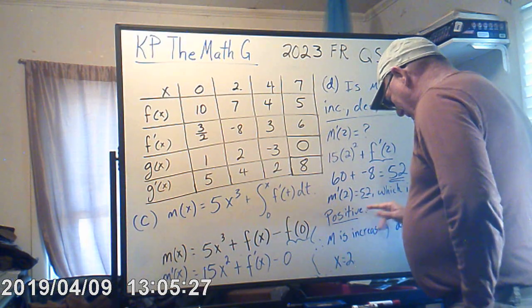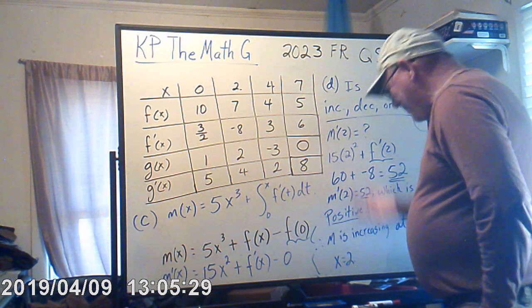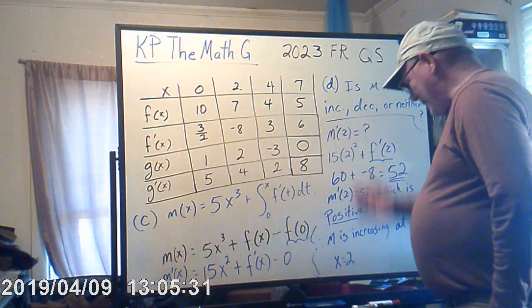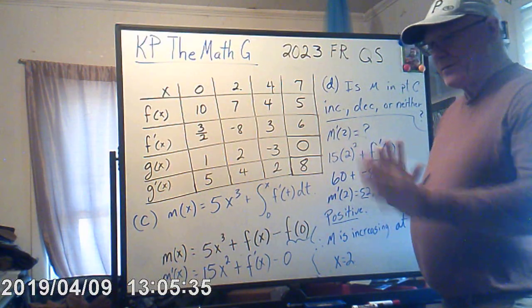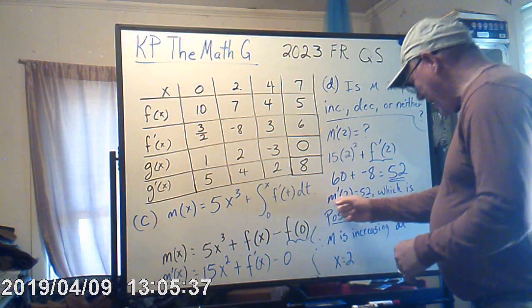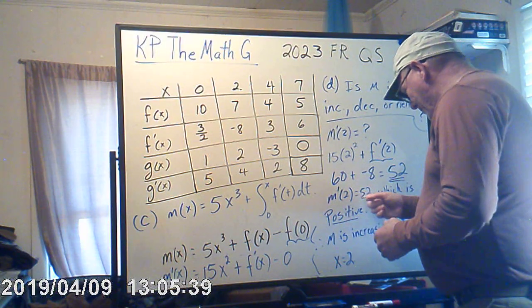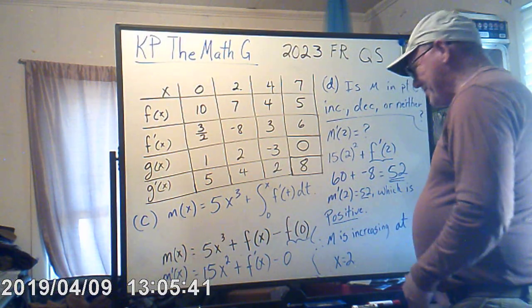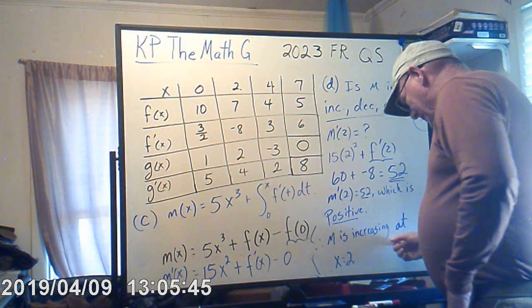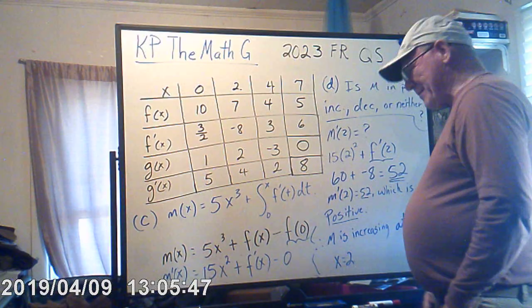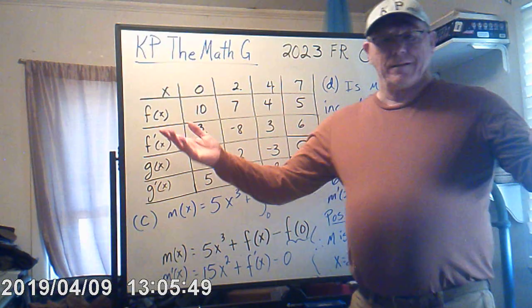Good. Now say what? Now make that conclusion. This is not, just don't read too much into it. M prime at 2 is 52, which is positive. Oh, yeah, it is. Which means M is increasing at x equals 2. You got it. There it is.